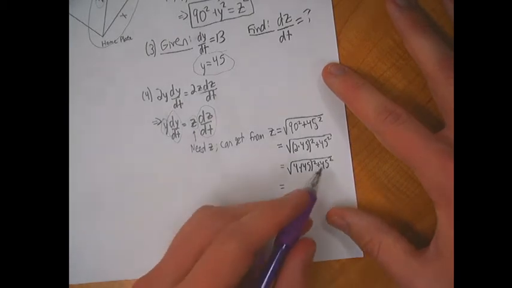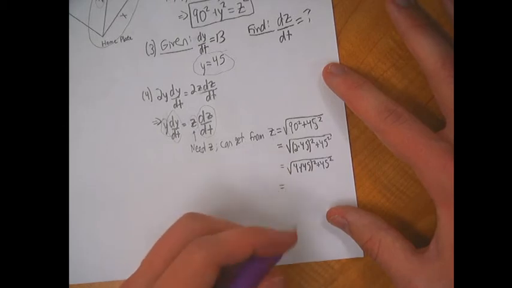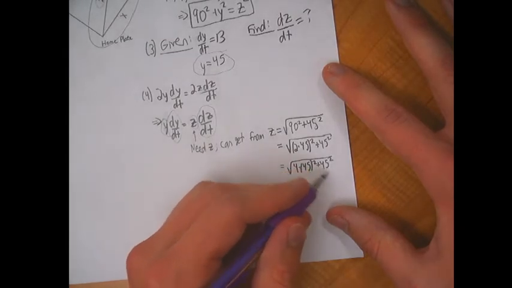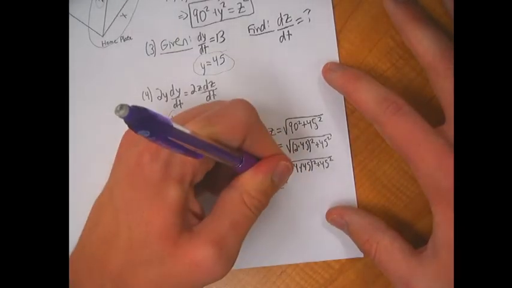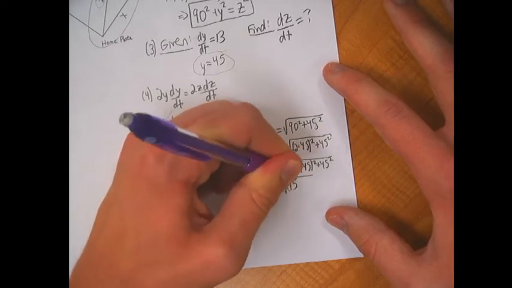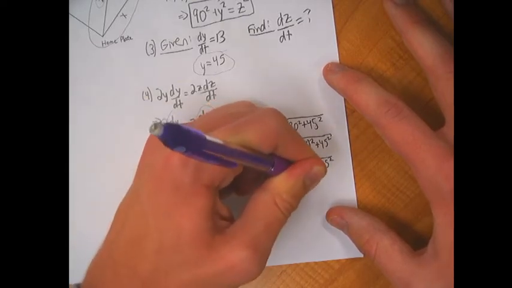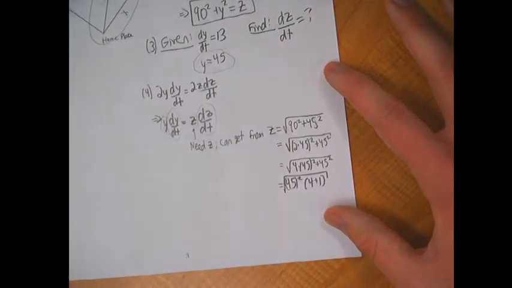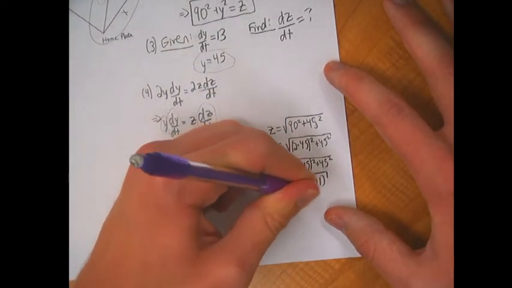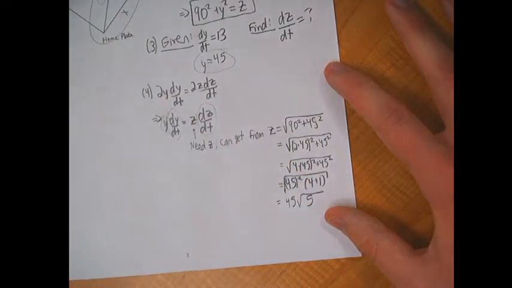So we throw out 45 squared and take it outside the square root: 45 times the square root of 4 plus 1. So we have essentially just 45 times the square root of 5 here. Okay?